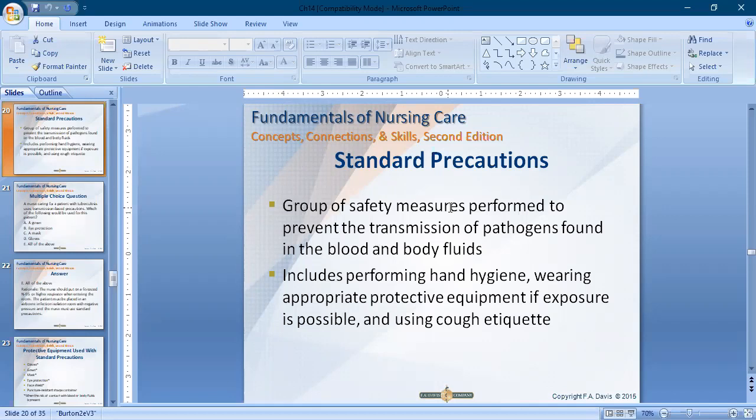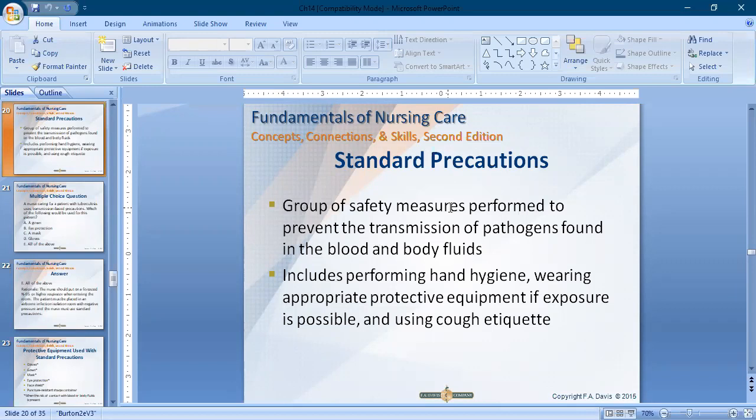So standard precautions we always have to maintain; we have to prevent the disease by using standard precautions, right? And the other name for standard precautions is universal precautions.